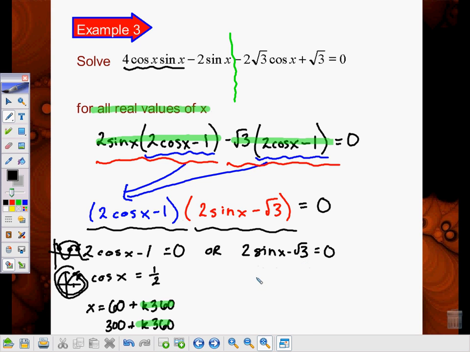Okay? Now let's finish this other one up here quickly. So do a little algebraic manipulation. We get sine x is equal to the square root of 3 over 2.